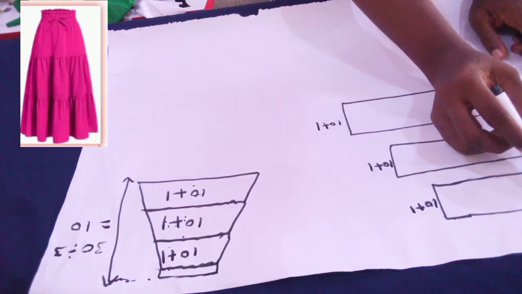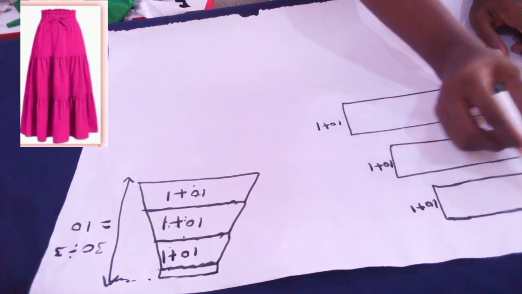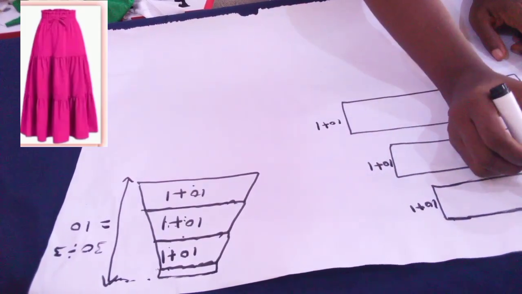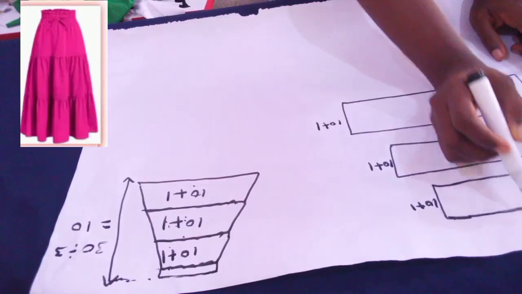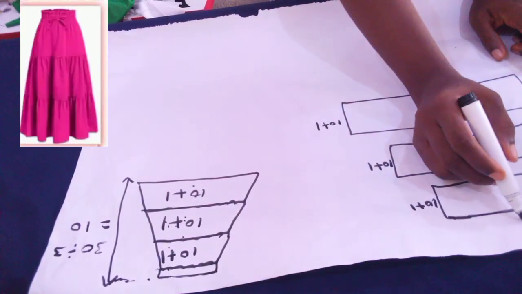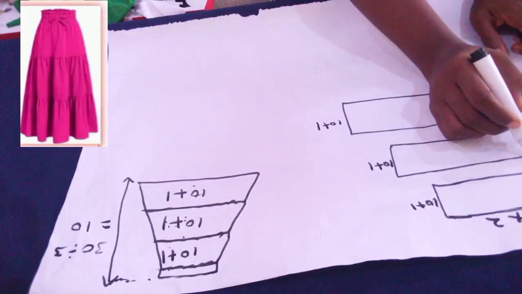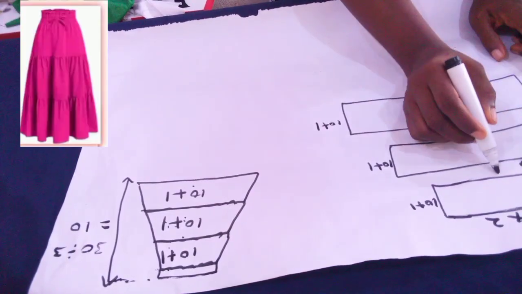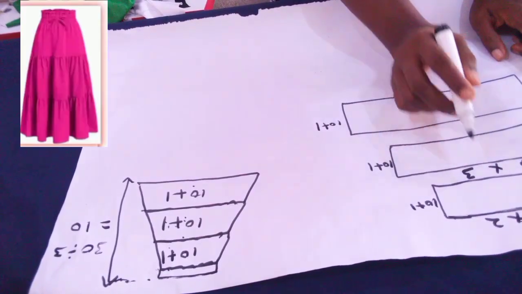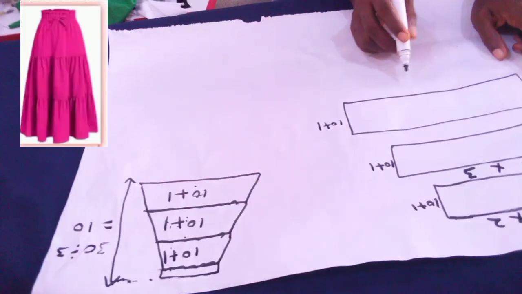So for the circumference or for the width of the skirt, you can work with your hip circumference. You can work with your hip circumference times 2 for the first one. Hip circumference times 3 for the second layer.